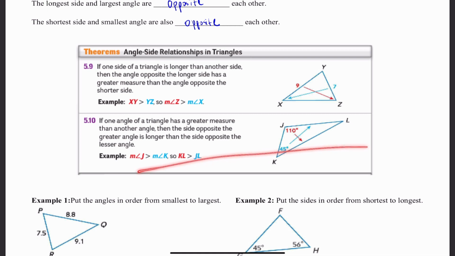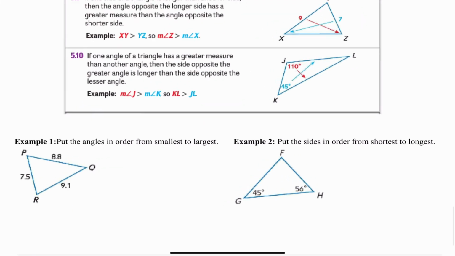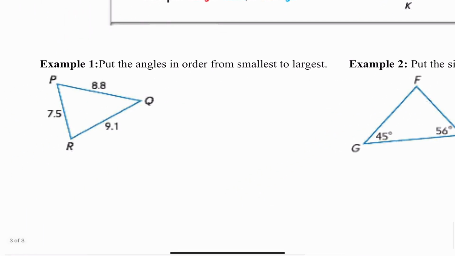Okay, and then we can take a look at that. Let's put the angles in order from smallest to largest. You're going to name the angles. We have these sides here. Again, the smaller the angle, the smaller the side, or if you say the smaller the side, the smaller the angle.